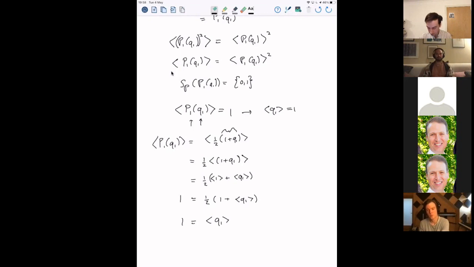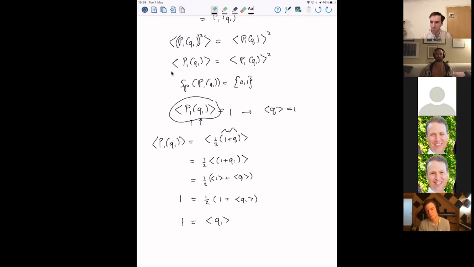And there's only one, and as soon as Q1 has the expectation value 1, you know it's sharp, per definition. Likewise, if P1 has expectation value 0, you can show that the value of Q1 must be -1, which again makes sense, because the expectation value of P1 is equal to the probability of measuring 1.